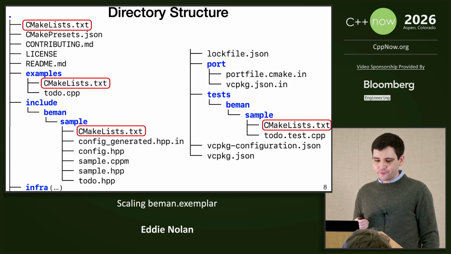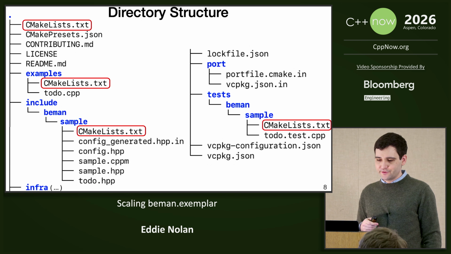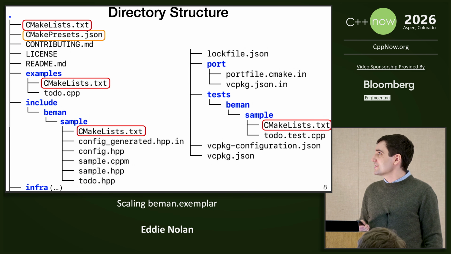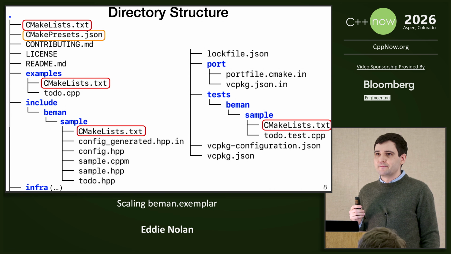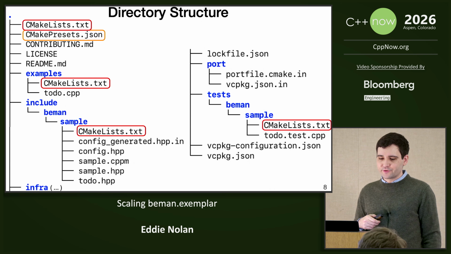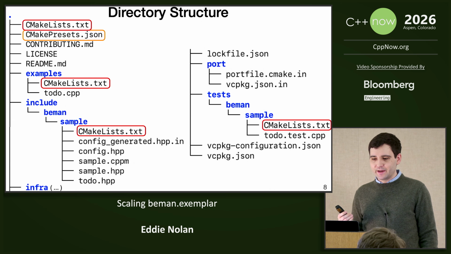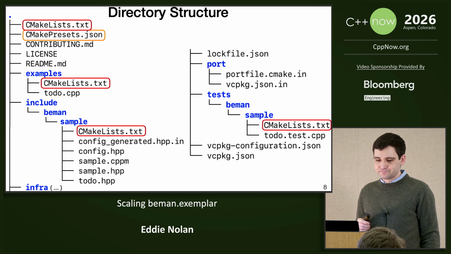We provide, of course, CMake lists files to configure the project appropriately. We provide a CMake presets file. This means that you don't need to manually figure out a build and test workflow. There's a workflow provided by the preset that will set all of that up for you.